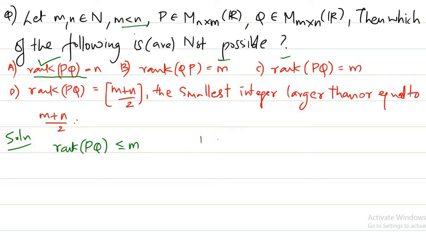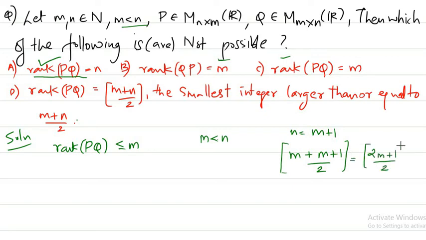We are given that m is less than n, and suppose I take n to be simply the next integer, m plus 1, the least case. If I take it in that fashion, what I get is the smallest integer greater than or equal to (m plus n) by 2, where n is m plus 1, and this value is basically (2m plus 1) by 2.